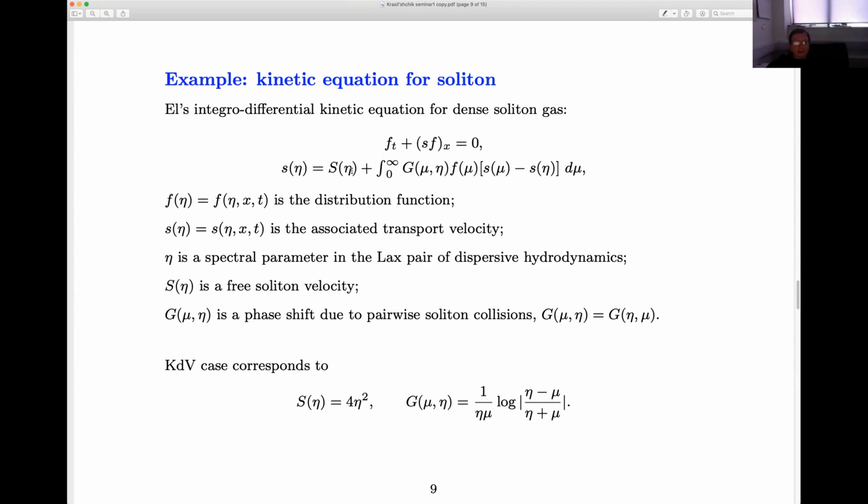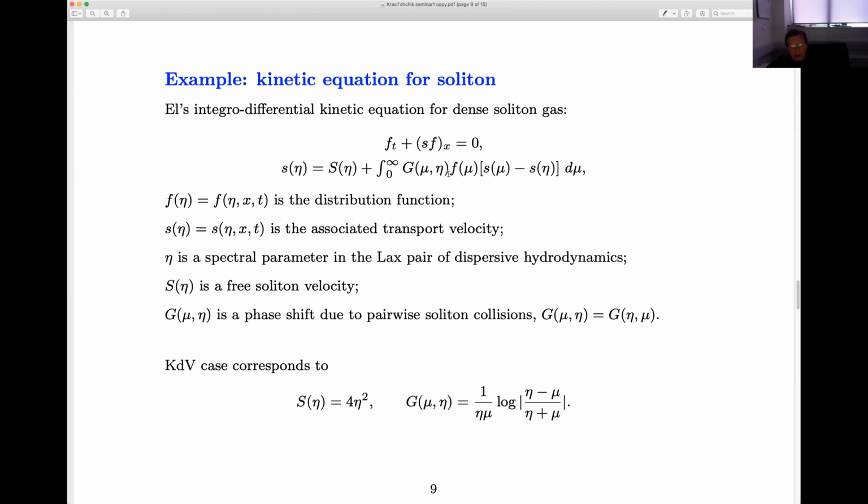Somehow this function and this kernel must be special, like for instance in the KdV case. But all the evidence that we have obtained so far indicates that this integral differential equation should be called integrable, whatever this means. It's not clear what this means for equations of this kind, but it should be called integrable for arbitrary S and arbitrary G of mu eta.